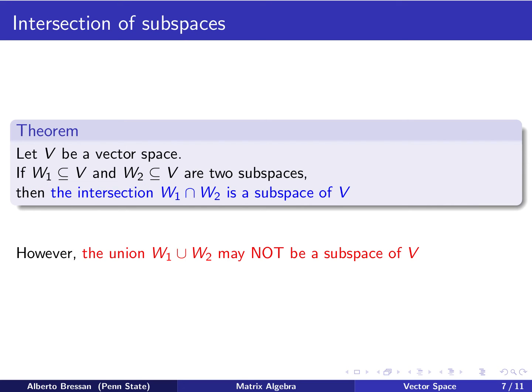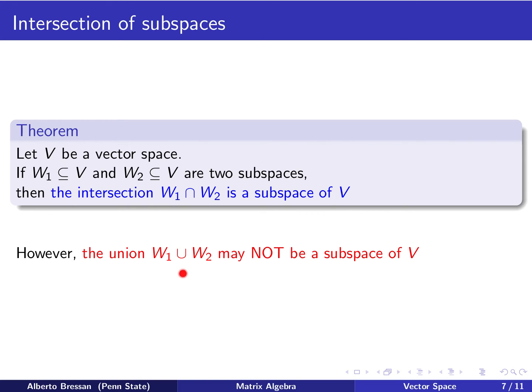They are both subspaces of V. Then the intersection W1 intersect W2, that's the notation, is also a subspace of V. Okay, and we will go through a little proof for that.